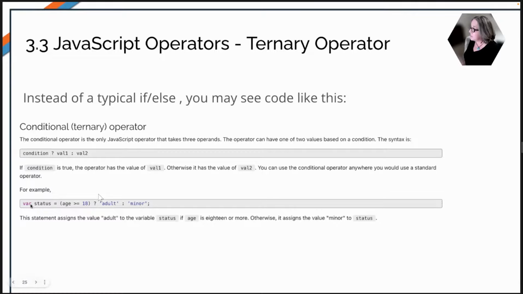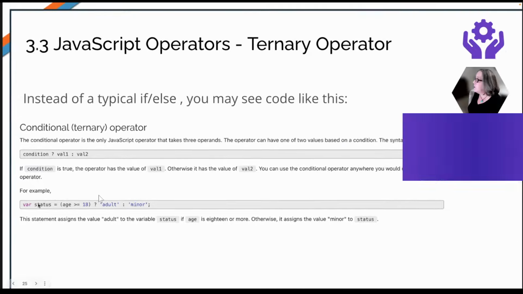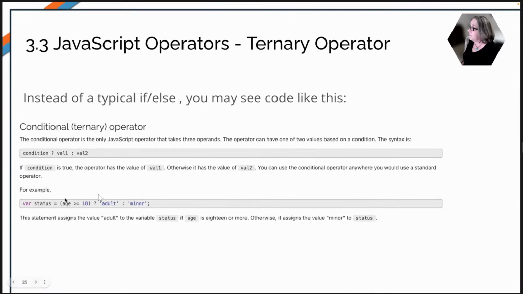So in this case, I made a var called status. Var status equals, if age is greater than 18, so if this is true, then status becomes adult. If this is not true, minor is what status becomes.